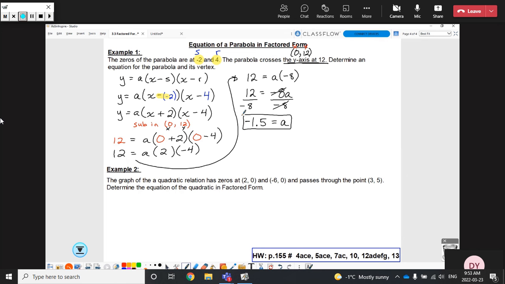I like that. So therefore, the equation here is y equals negative 1.5, open bracket, x plus 2, x minus 4. And I stole that from like this line right here.